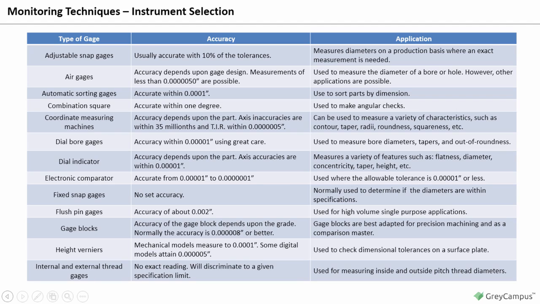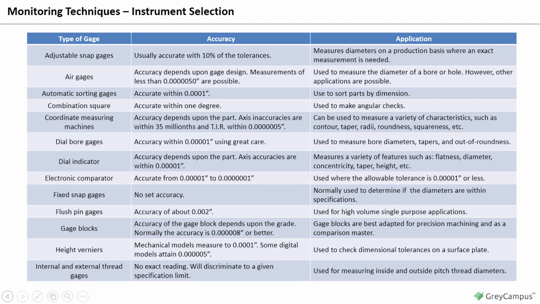The dial indicator has an accuracy that depends upon the part. Axis accuracies are within 0.00001 inch and it measures a variety of features such as flatness, diameter, concentricity, taper, height, etc. The electronic comparator is accurate from 0.00001 inch to 0.00001 inch and is used where the allowable tolerance is 0.00001 inch or less.